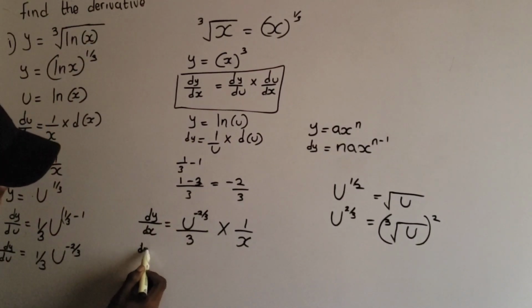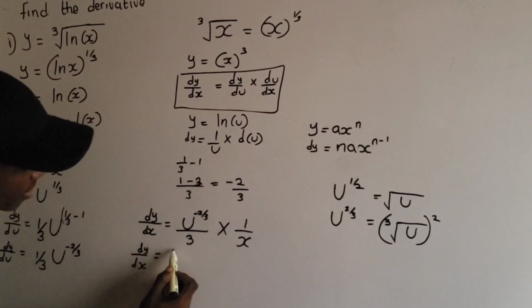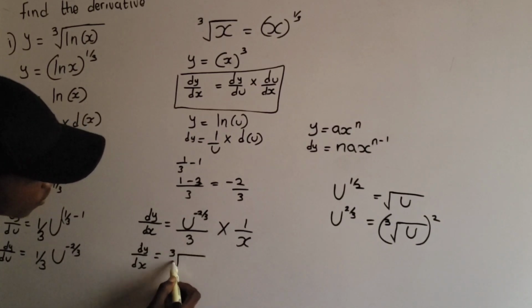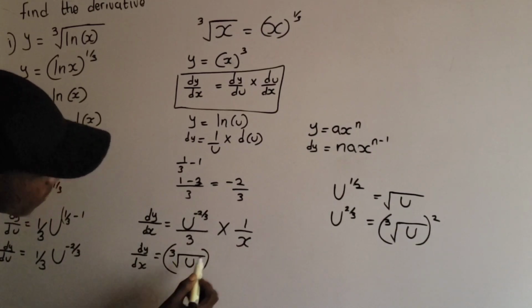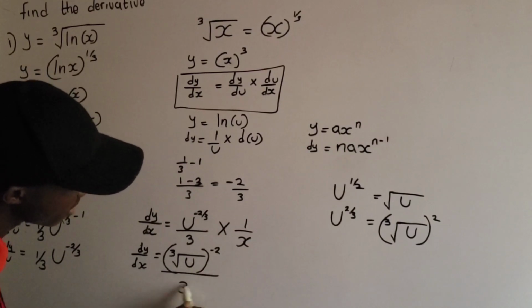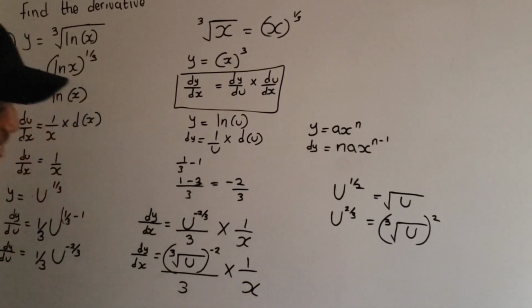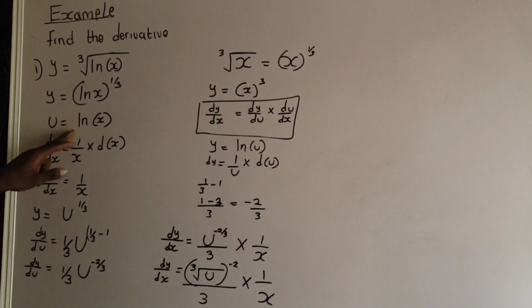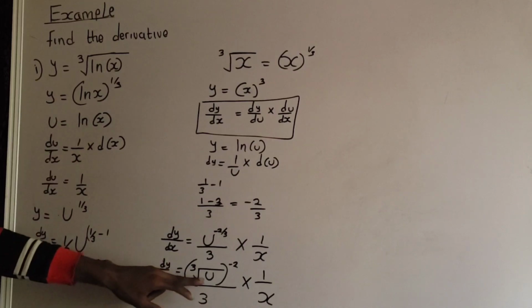So dy over dx is equal to 1 over 3 times the cube root of u raised to the power of 2, multiplied by 1 over x. Recall that u is equal to ln x. So I'm going to substitute u as ln x in this place.